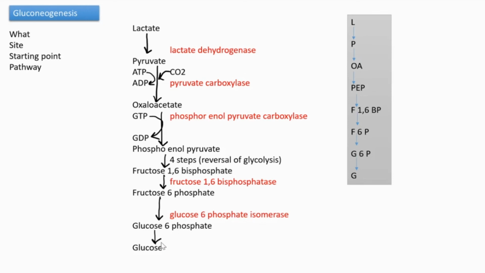When it becomes glucose 6-phosphate, it is very easy. It can be converted to glucose with the help of glucose 6-phosphatase. In that way, it is converted to glucose. Where we finish today's class. Thank you.